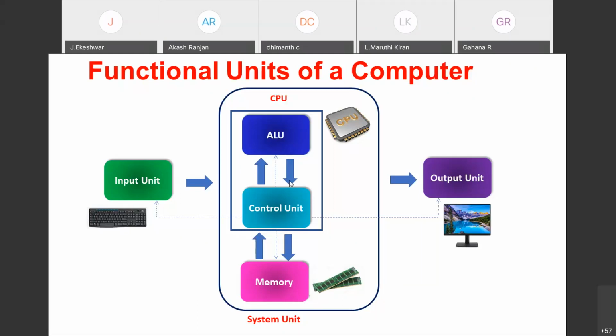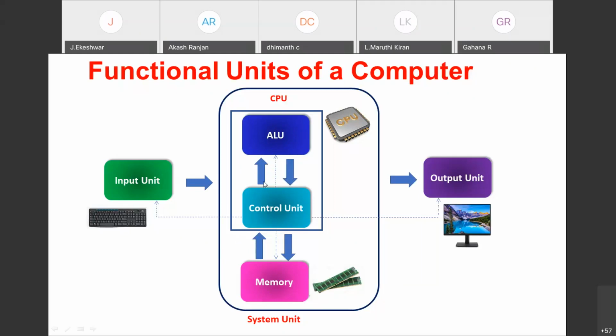So if the operands are residing in the register itself within the processor, then it sends out those operand values to the ALU. ALU will just perform the addition operation, and it sends out the result. So if the result is to be stored back in the register within the processor itself, it writes it. Or if it is to be stored in the memory, then you know how to communicate to the memory.